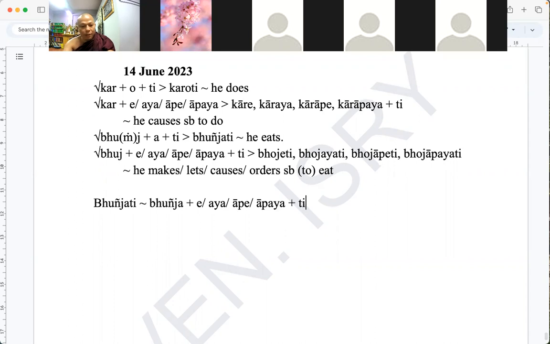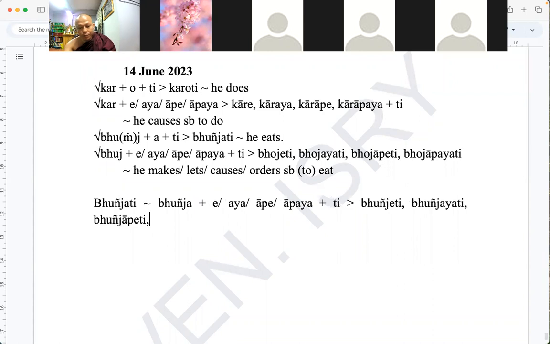After that, this is the verb base. So at that time we have bhunjeti, and then bhunjayati, and then bhunjabeti, and then bhunjabayati. In this way it can also be formed.